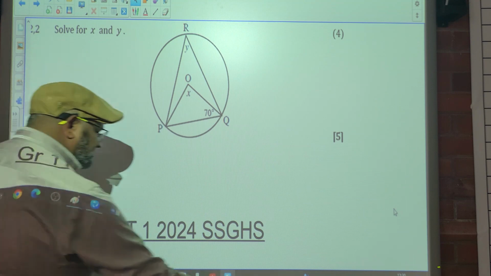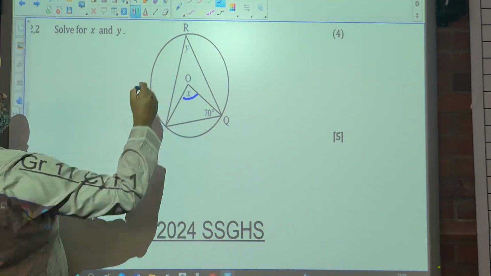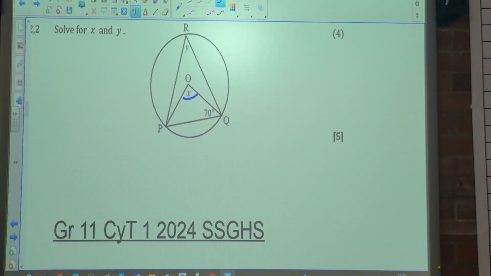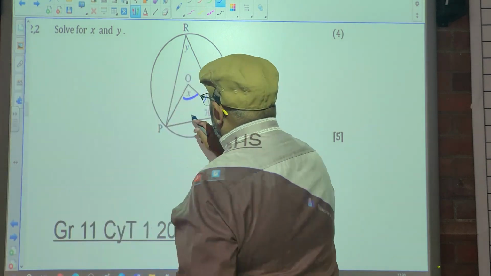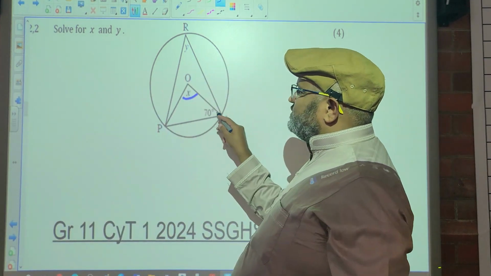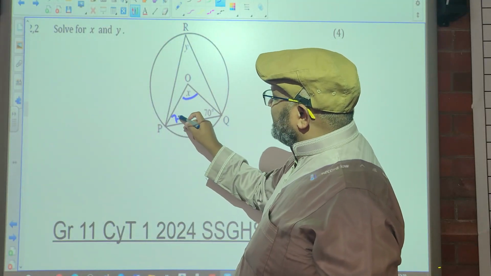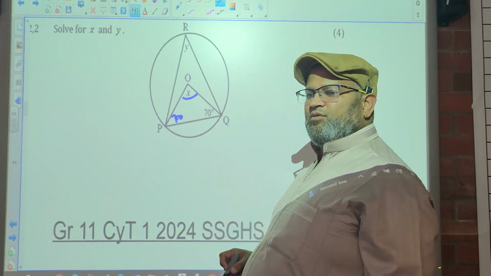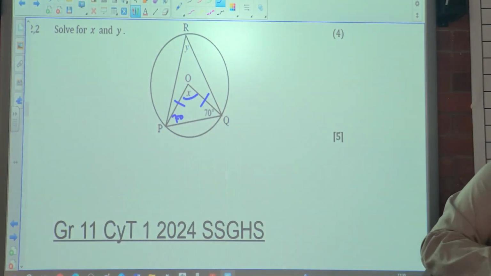People, we know that x is double y, or x is equal to 2y, angle at center. But we first need to solve for x. We need to work out x by using the sum of angles of a triangle. We don't have this angle here, but we know that angle is 70. Why is it 70? Because angles opposite equal sides.